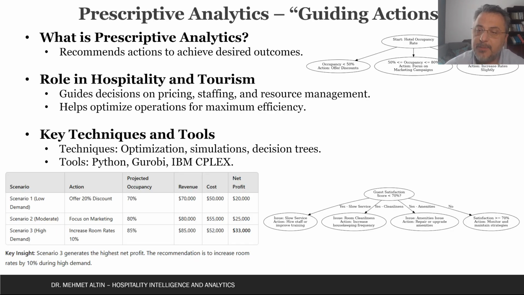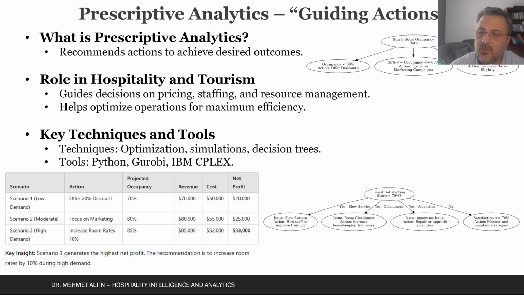The final type is prescriptive analytics, which answers the question, what should we do? Prescriptive analytics not only predicts future outcomes, but also recommends the best actions to achieve specific goals.